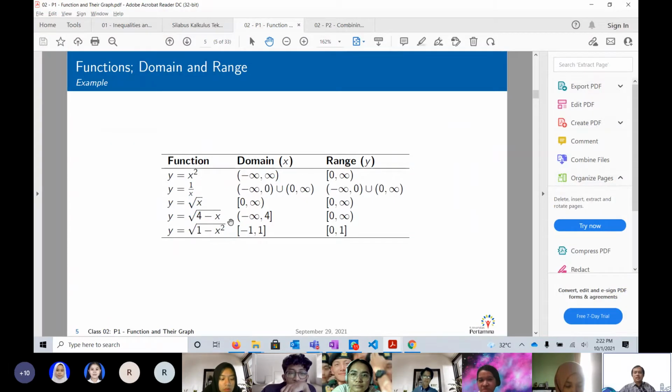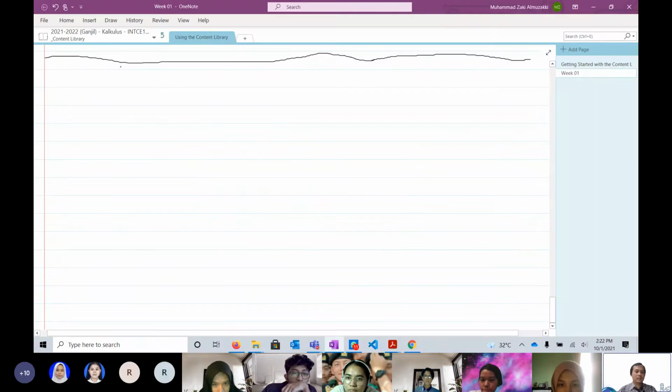Now, the final example. Why is the domain only from -1 to 1 in this case? So the same thing happened, right? We have y equals square root of 1 minus x squared. What we want is that what is inside the square root is greater or equal to 0.